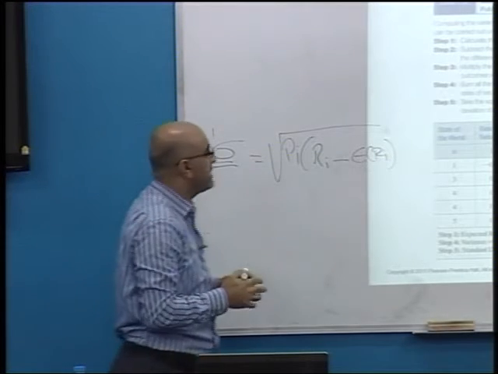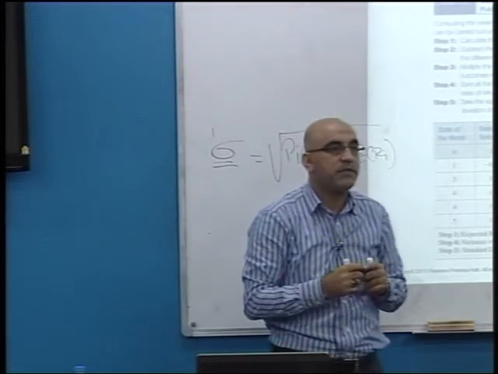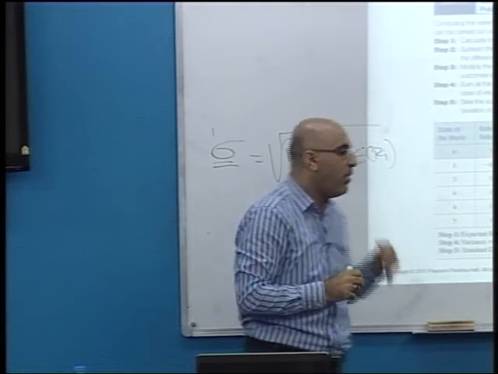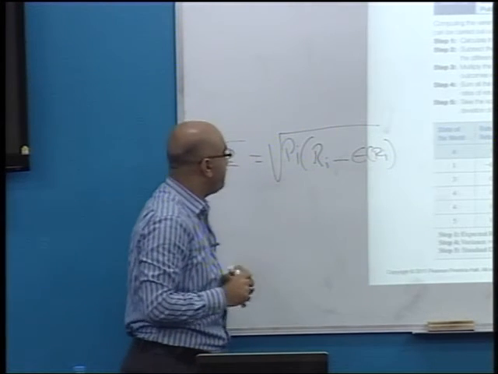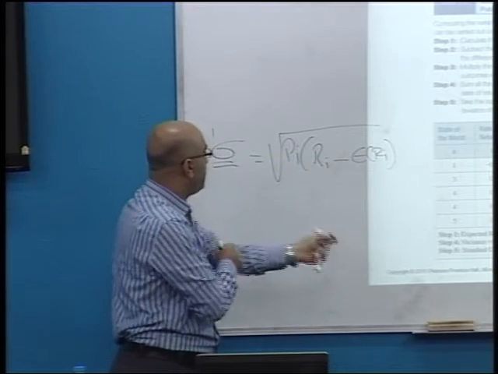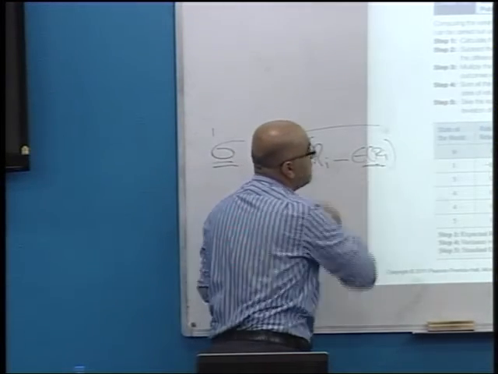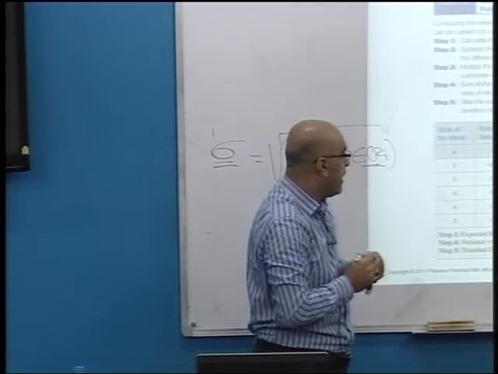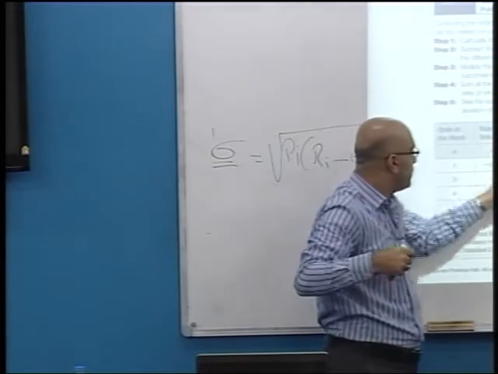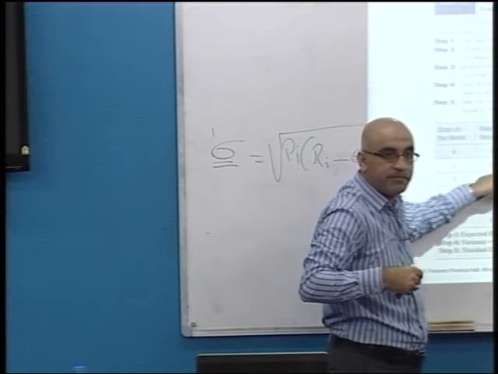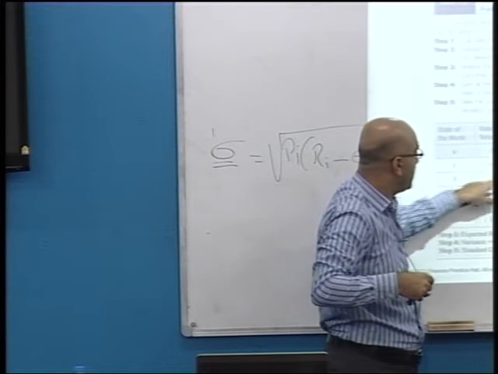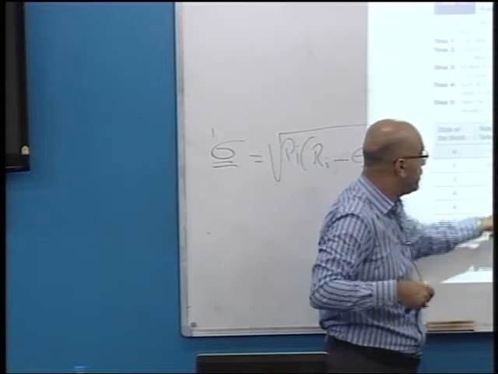This is the easiest formula to calculate sigma. So, first of all, what should you do? We have to calculate the expected Ri. How can we do it? Just B times C, B times C, B times C, and you will get this.